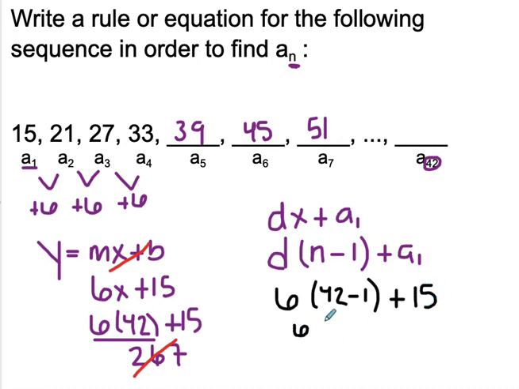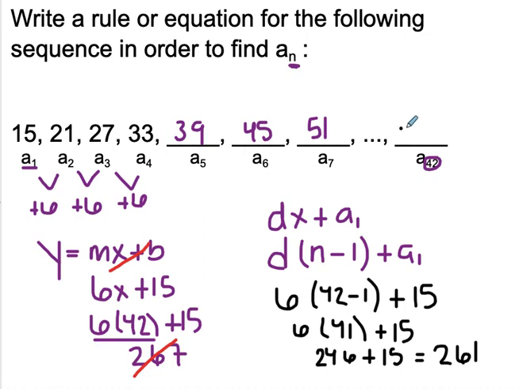So we have 6 times 41, plus 15. 6 times 41 is 246. And whenever we add that 15, we're going to get the number 261. So that's my 42nd term.